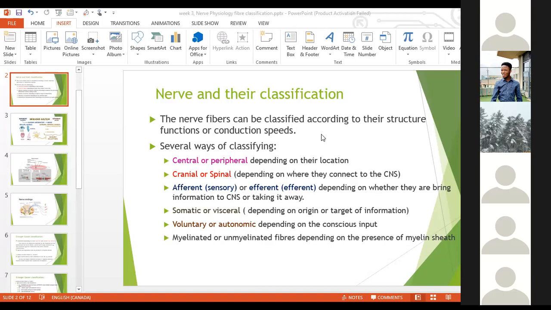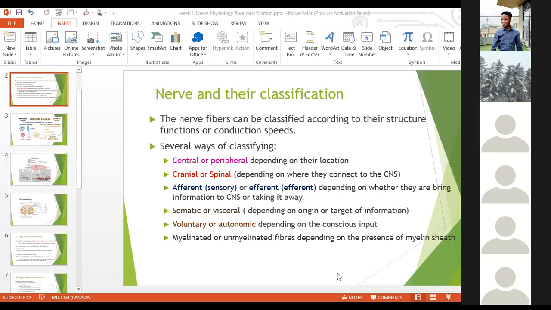Type B. So the type B is missing because of what? Who remembers? Why is it missing? I think because it's a motor neuron fiber. Preganglionic. Always remember, preganglionic is type B.